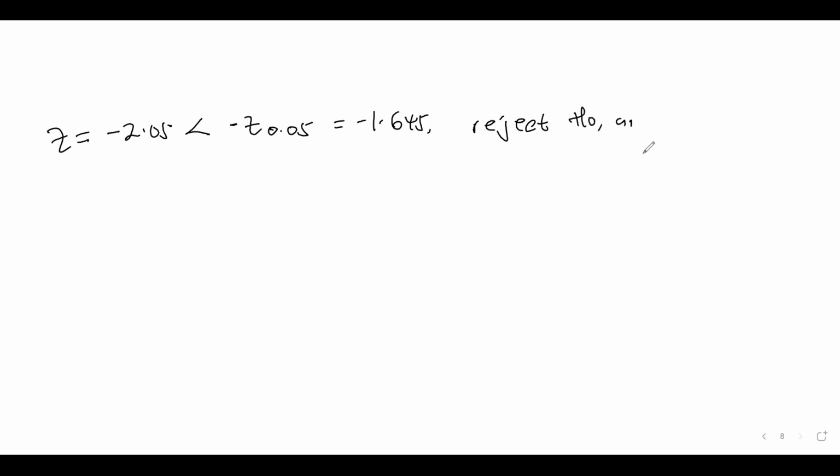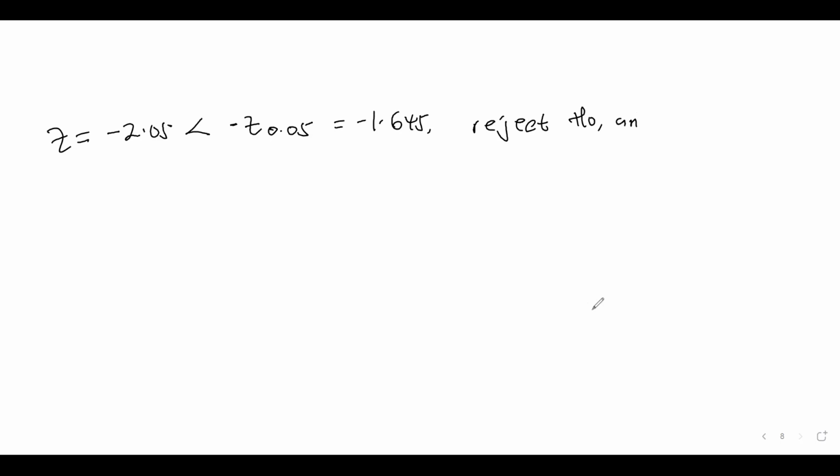So our conclusion will be that the computed Z value of negative 2.05 is less than the critical Z value of negative 1.645, right? So we reject the null hypothesis.